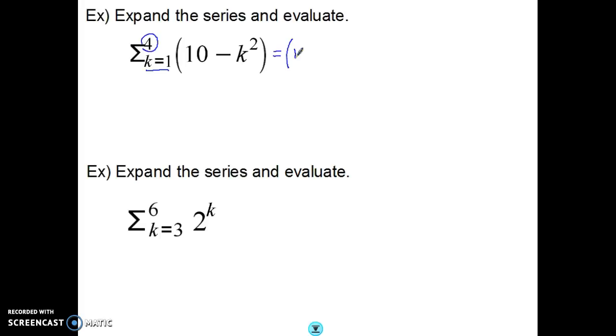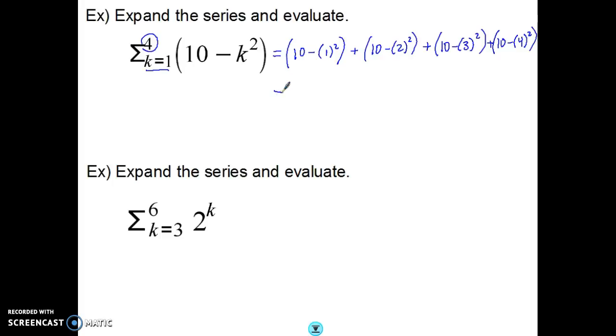So we can go ahead and plug in k equals 1 first, so 10 minus 1 squared, and then plus 10 minus 2 squared, plus 10 minus 3 squared, plus our last one, 10 minus 4 squared.